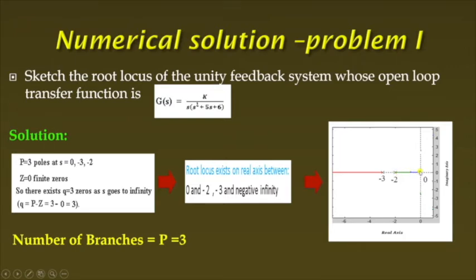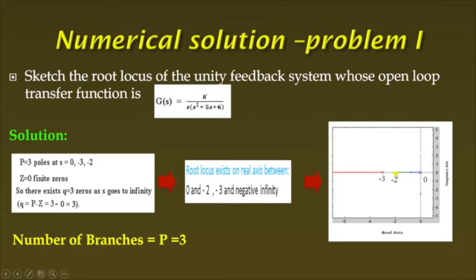Here only one pole exists on the right side. That means odd, so the root locus exists from 0 to minus 2.